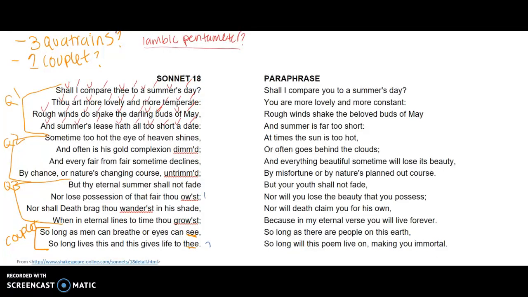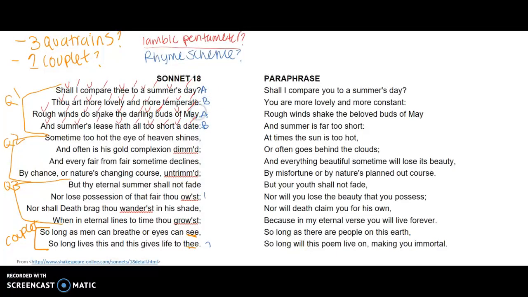Now let's see if we can find the rhyme scheme here, the classic Shakespearean sonnet rhyme scheme. Remember, the first line of a quatrain always needs to rhyme with the third, the second line with the last. Let's see. Day does rhyme with May. Temperate does rhyme with date.